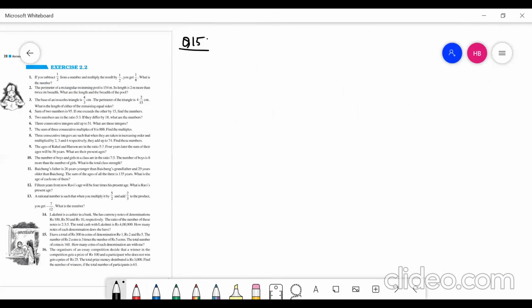In this, let's see what is given in the question. It's given that there is a total of rupees 300. So what is the total amount? The total amount is rupees 300. That's given. And it is in the denominations of rupees 1, rupees 2 and rupees 5.